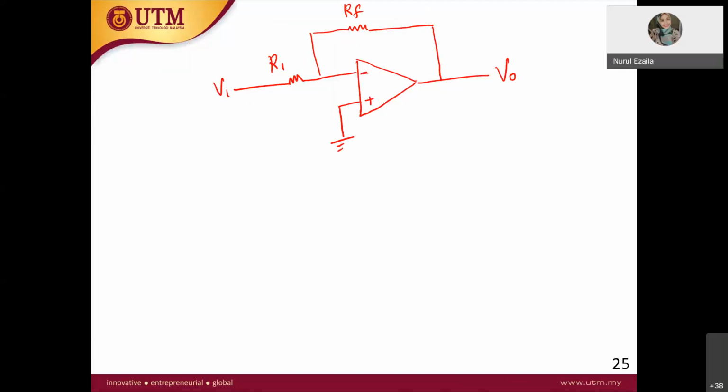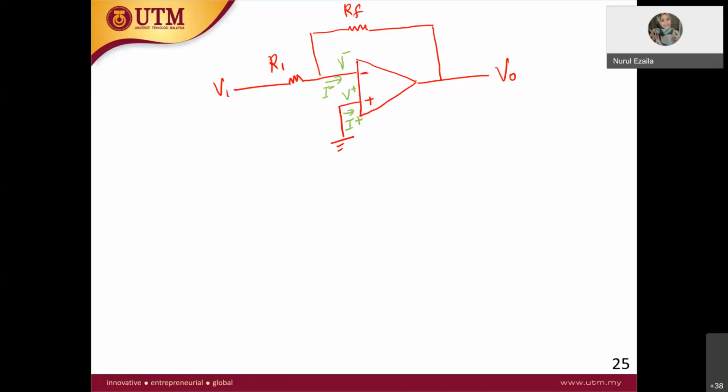It is better for you to write everything here. So you have this one as V minus, this one as V plus, and the current going here is I minus, current going here is I plus.